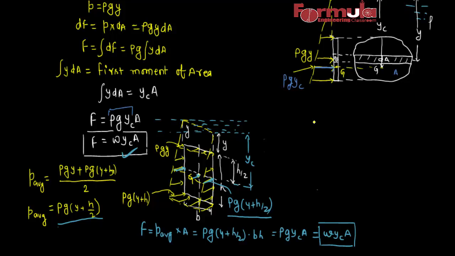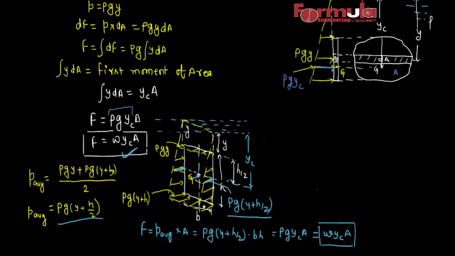Now in the last case I told you that the volume of the pressure intensity case will also be equal to the hydrostatic force F. In this case, let us try to calculate the volume of this pressure intensity case.